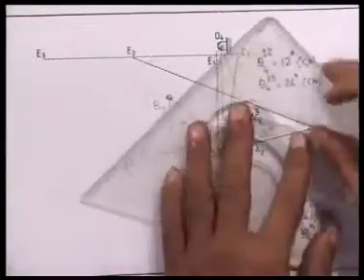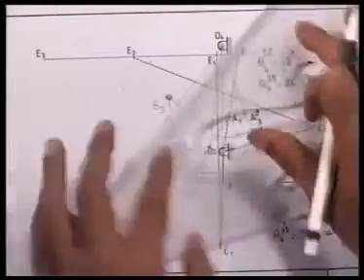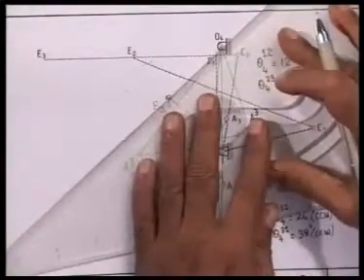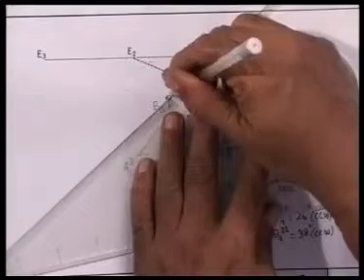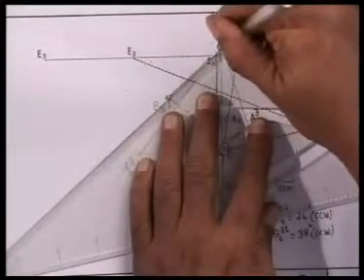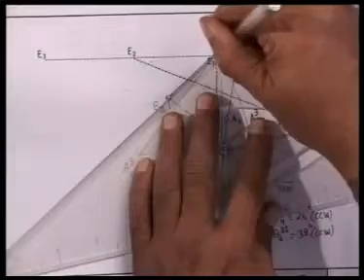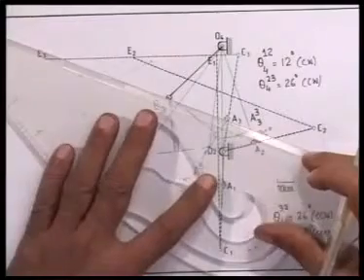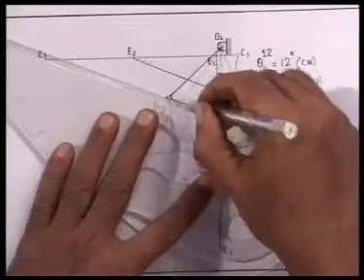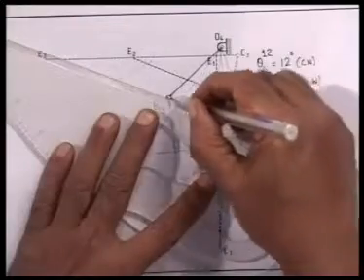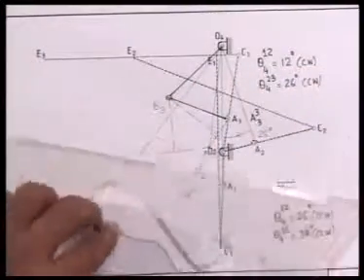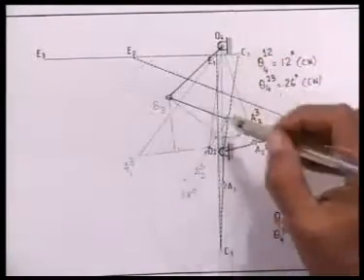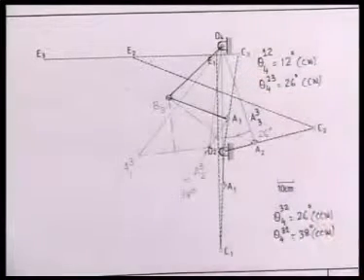So to complete the 4-bar linkage, I have to join O4B3 and A3B3. O2, A3, B3, O4, that is the 4-bar part of this 6-link mechanism.